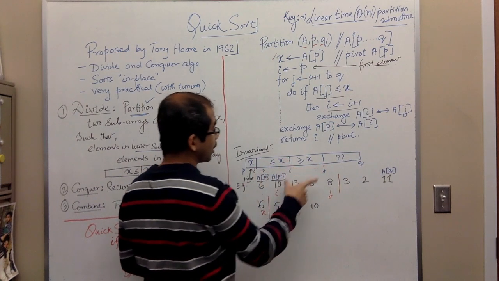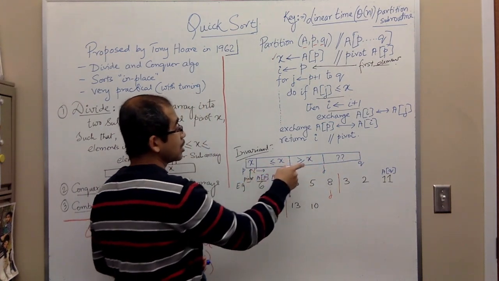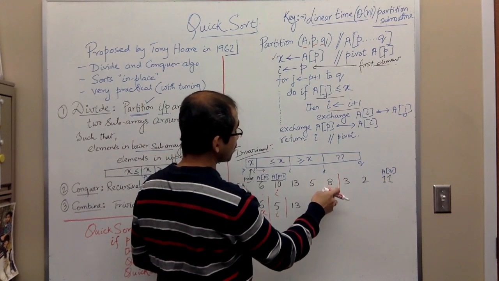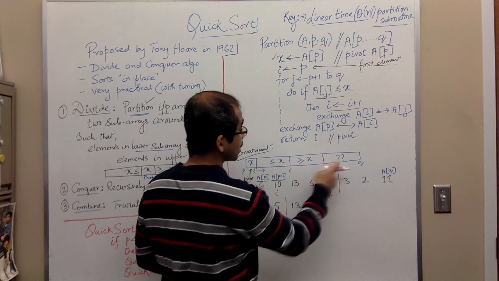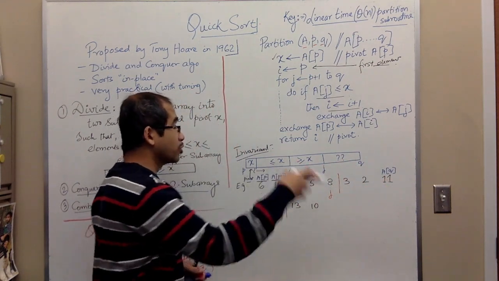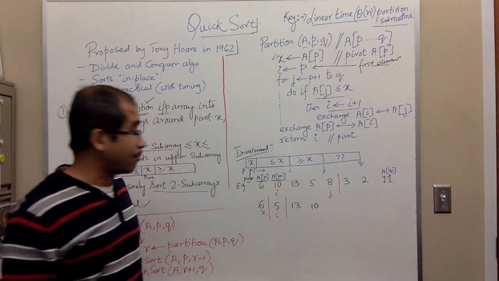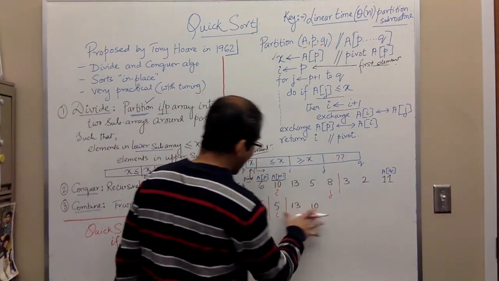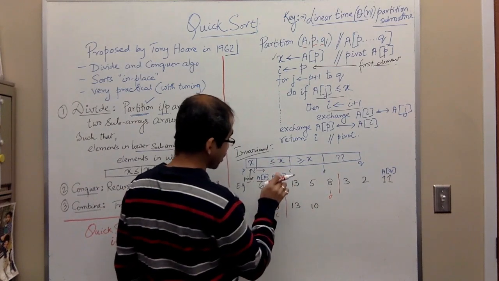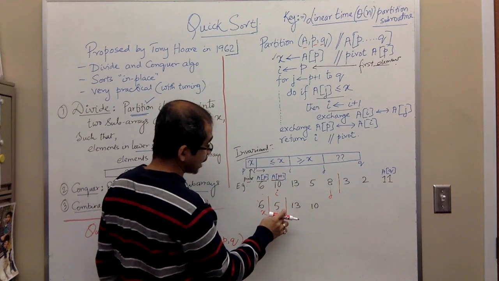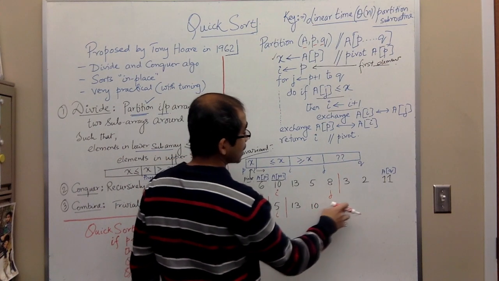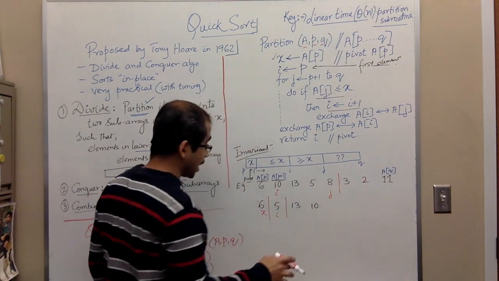There will be another set of elements which are more than x, demarcated by j, where we are checking, and then a set of elements which are not checked yet. With the increment of j, we'll keep checking them. So the invariant is valid at this stage because these conditions are holding: there is a set of elements which I know are less than x, a set which I know are greater than x, and a set which has not been checked at this moment.